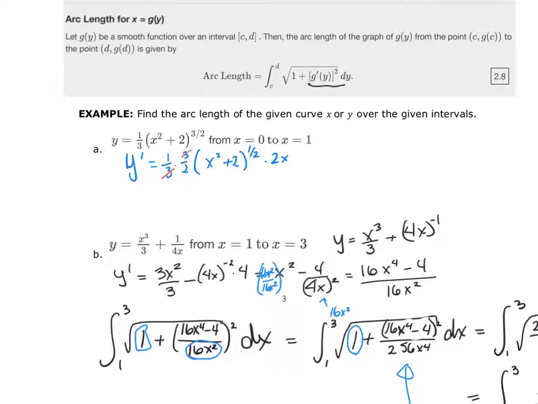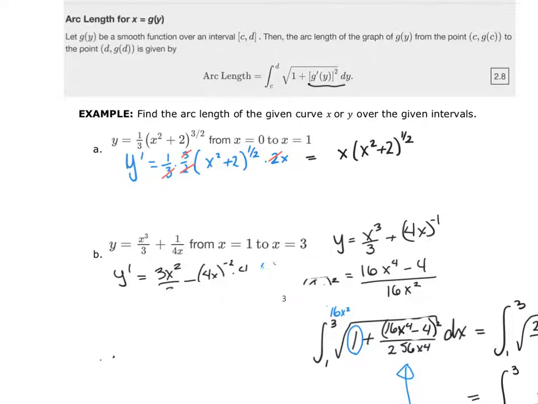The 3's are going to cancel, and the 2's are going to cancel, and when you get done with the derivative, you're just going to end up with x squared plus 2 raised to the 1/2, which is not as interesting as the one down below. So let's go ahead and set up the integration for this.